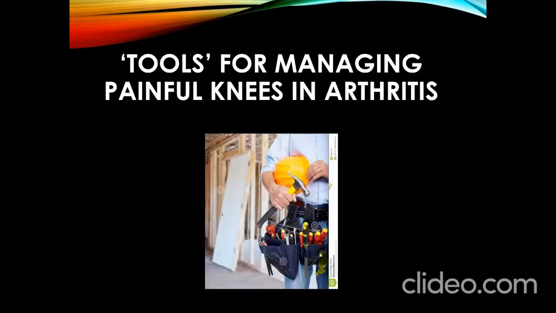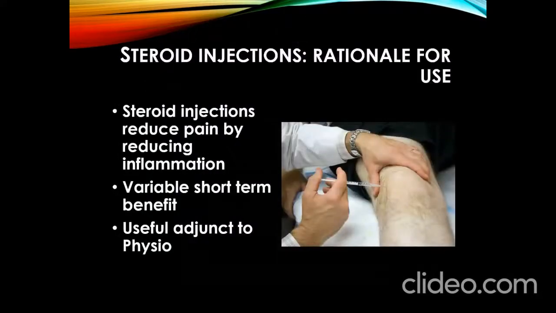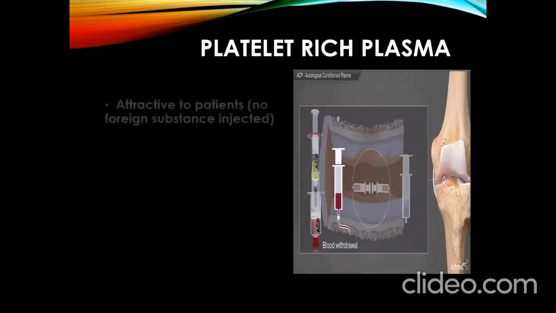Knee replacement is not the only method we have of managing knee arthritis. It's very important to know that strengthening exercises can make a significant difference, especially in the early stages of arthritis. I'm not a big fan of steroid injections, but it's an option in the management of mild to moderate arthritis.